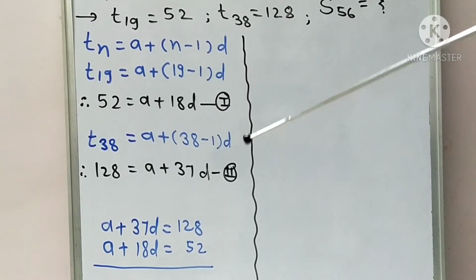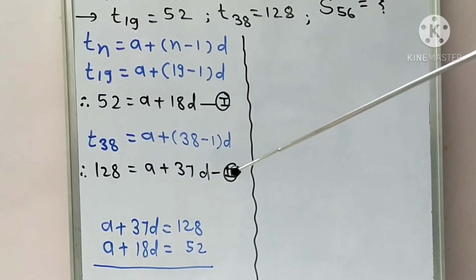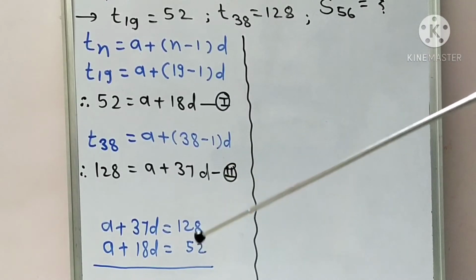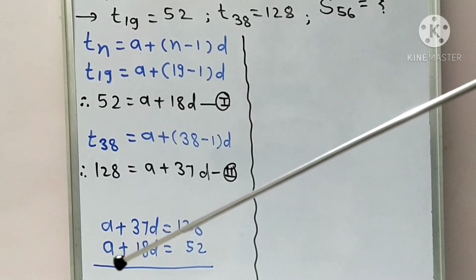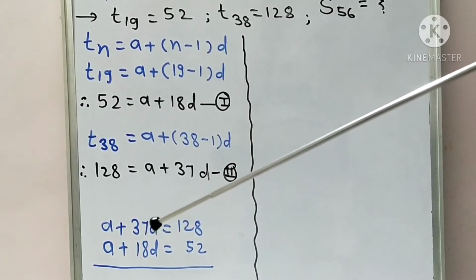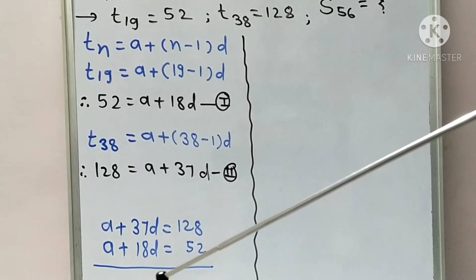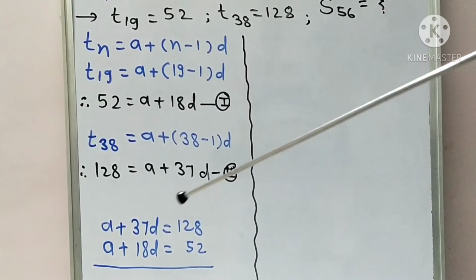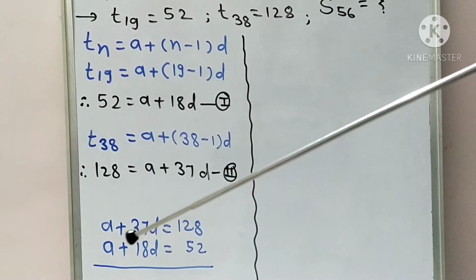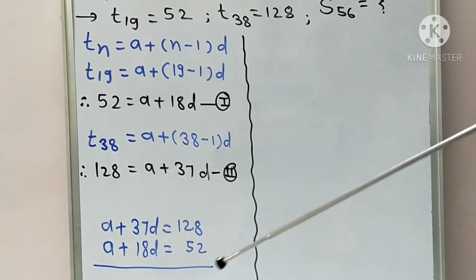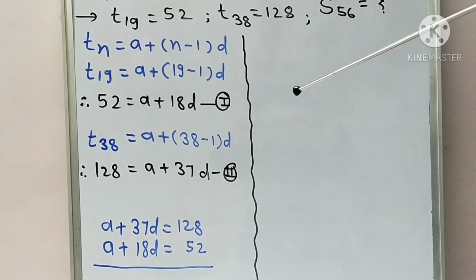So here we get these two simultaneous equations, and we simplify them by the elimination method. If we do subtraction, a eliminates, we get the value of d first, and we substitute that value of d in any one of the equations to get a, and then we use the formula of Sn to find S56.